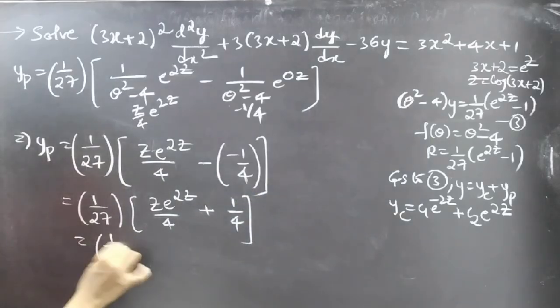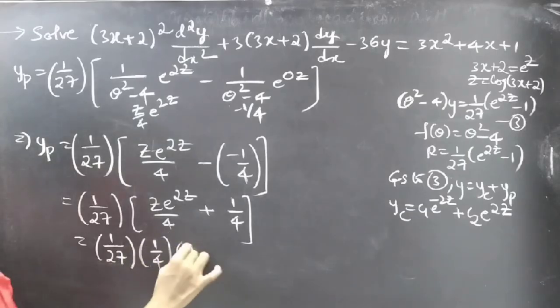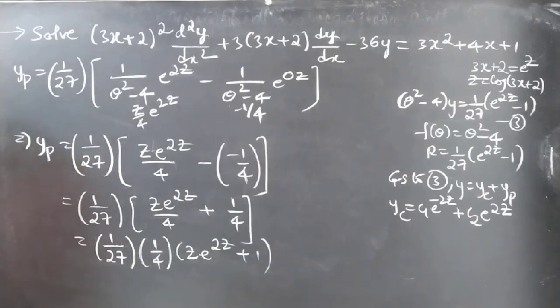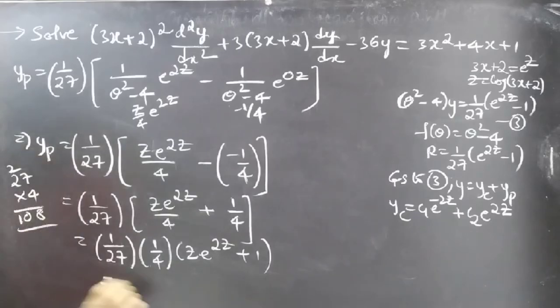You'll get 1 by 27 into 1 by 4 into z e power 2z plus 1. 27 into 4 gives 108.